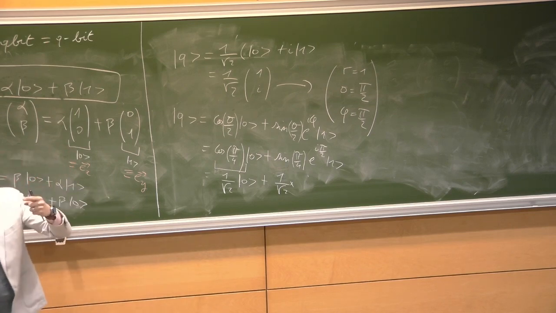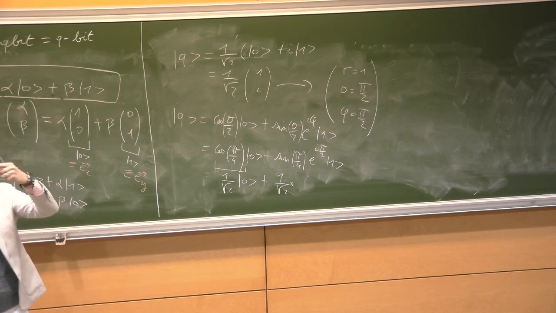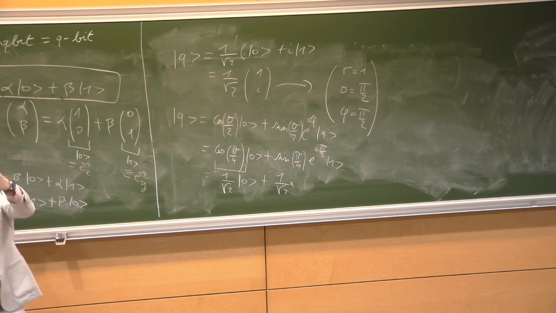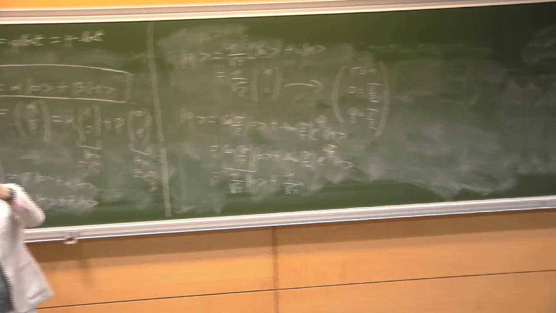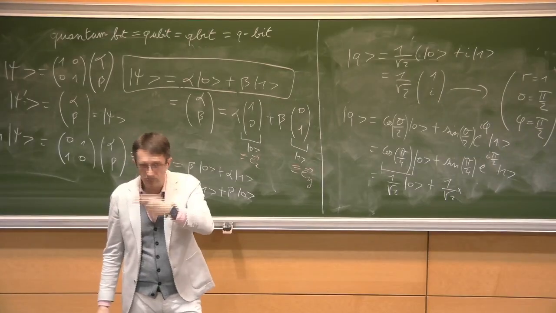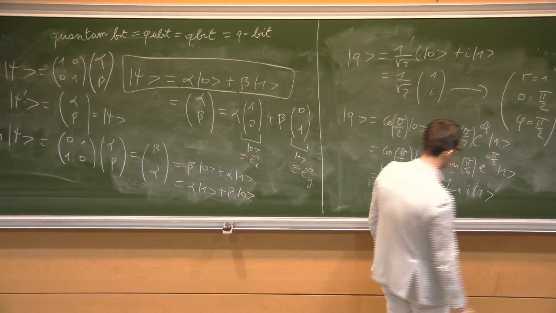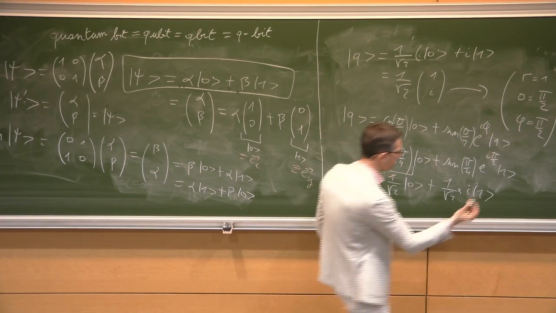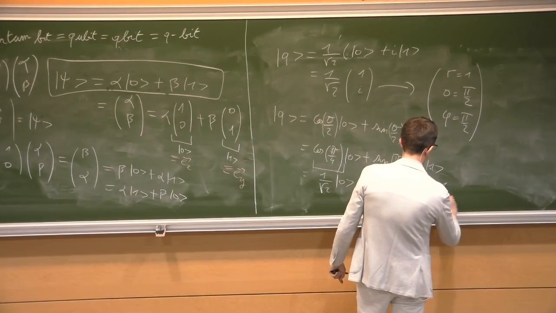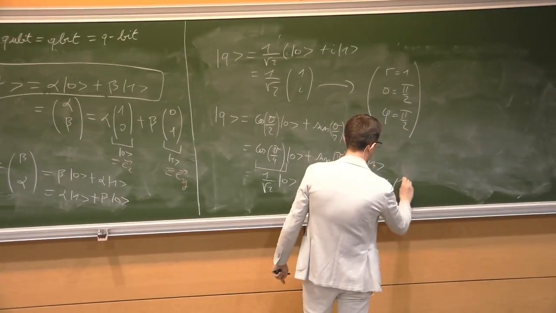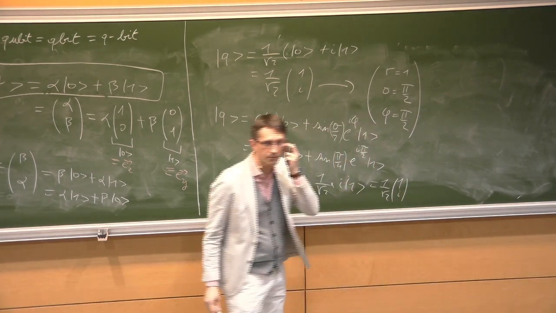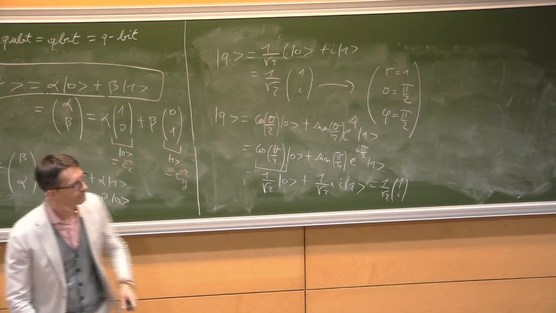Exponential i pi over 2 is cos pi over 2, which is 0, plus i sine pi over 2, which is 1, times i, so I've got i, 1. Okay? And so at the end, I have 1 over square root of 2, 1, i.